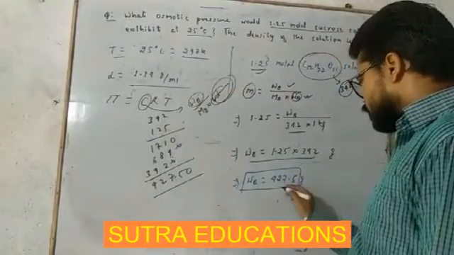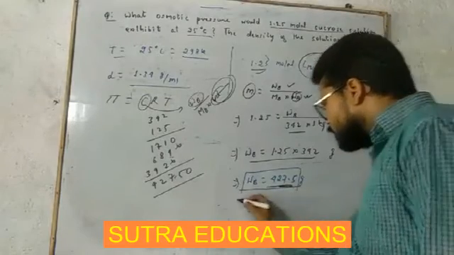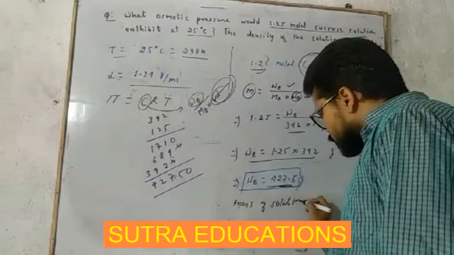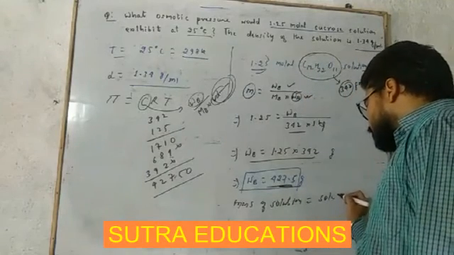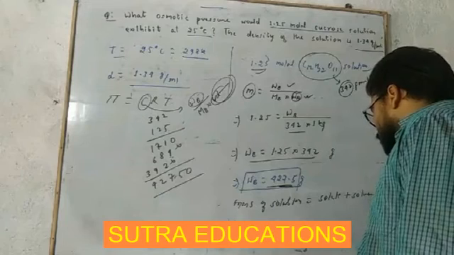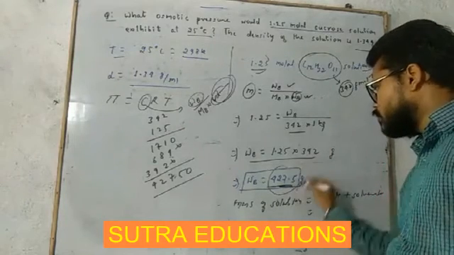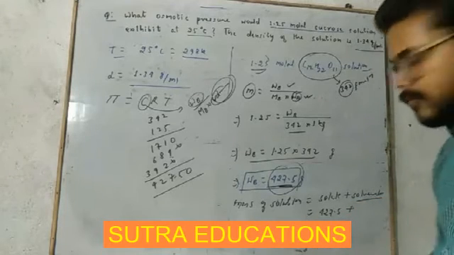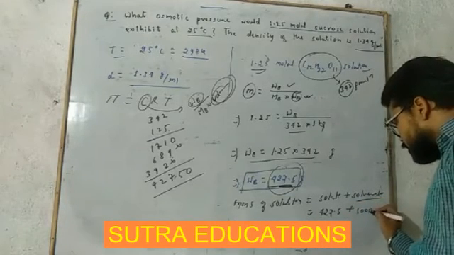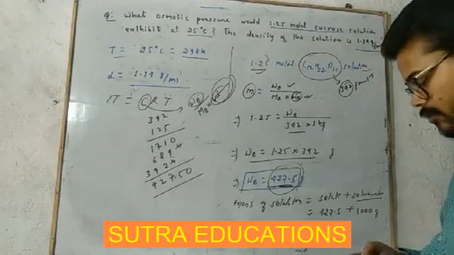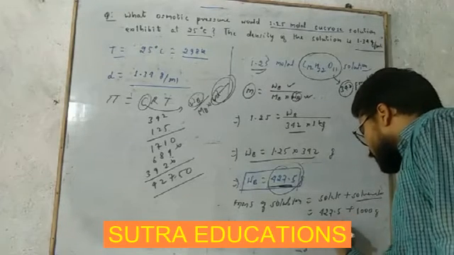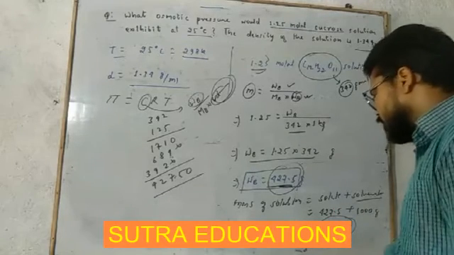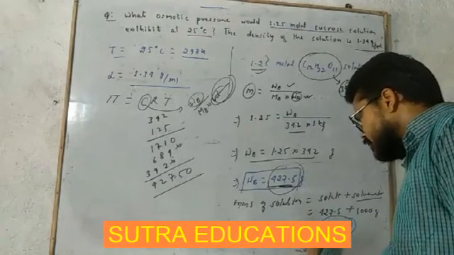This is the mass of solute, so the mass of solution will be mass of solute plus solvent. Mass of solute is 427.5, mass of solvent is 1000, since 1 kg means 1000 gram. So it will be equal to 1427.5 gram. This is the mass of solution, say MS.